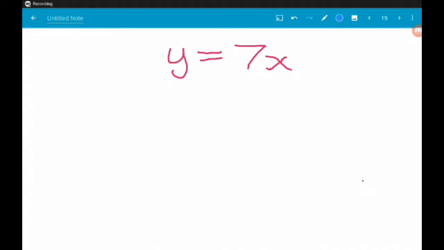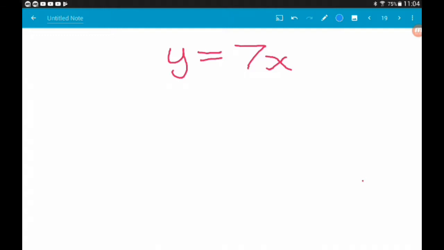Okay, let's see what happens if we have something like y equals 7x. Remember here, differentiation is all about finding the gradient. y equals 7x is a straight line, because our power of x is just 1. So if we think about this, straight lines have constant gradients. Their gradients never change.